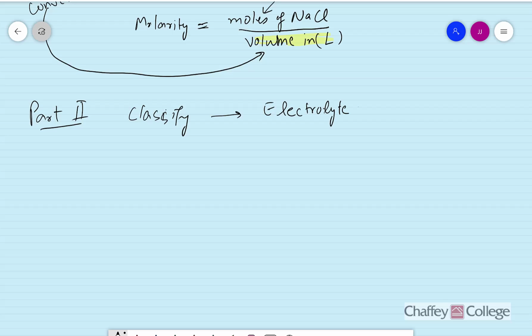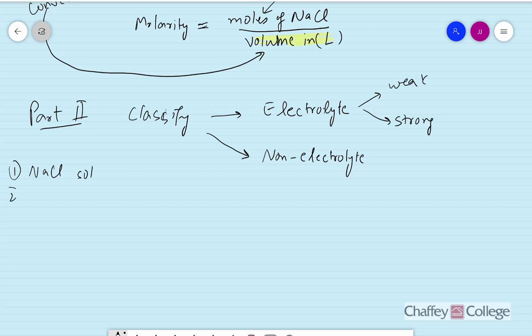In case it's an electrolyte, we will have to tell if it's a weak electrolyte or strong electrolyte, or if our solution is a non-electrolyte solution. To measure this, we have, I believe, 10 different sample solutions. For example, one is NaCl solution and soap solution and so on.